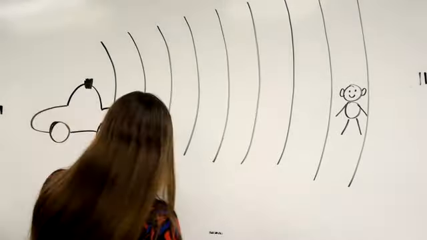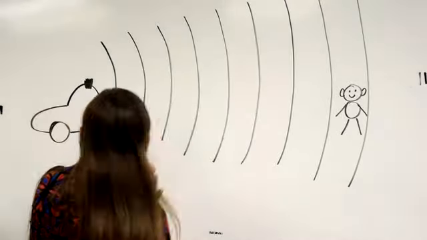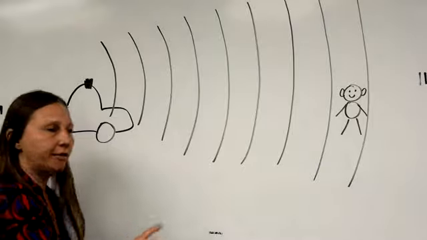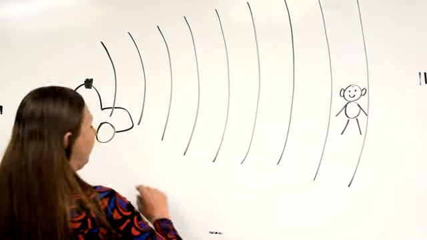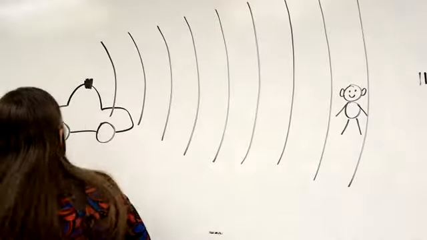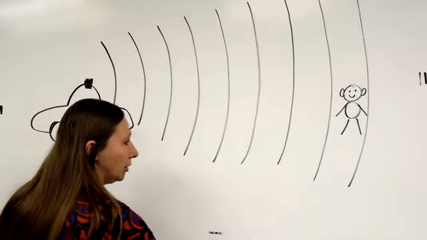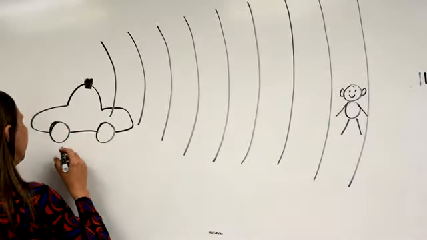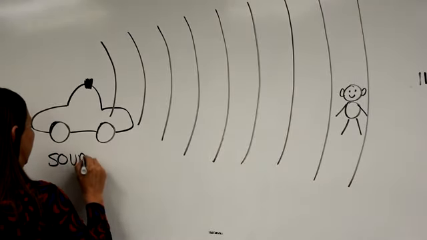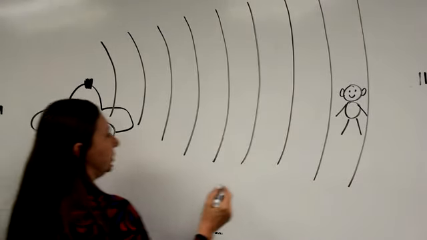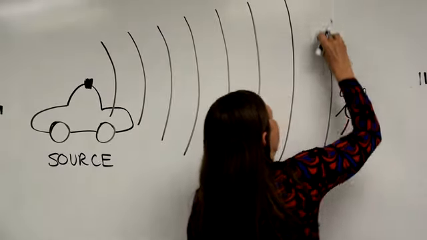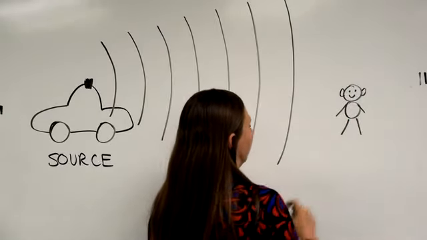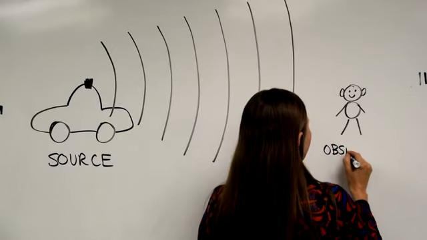Now, let's change things up a little bit. Let's have the police car driving toward the person. Remember, this is the source, and this is the observer.